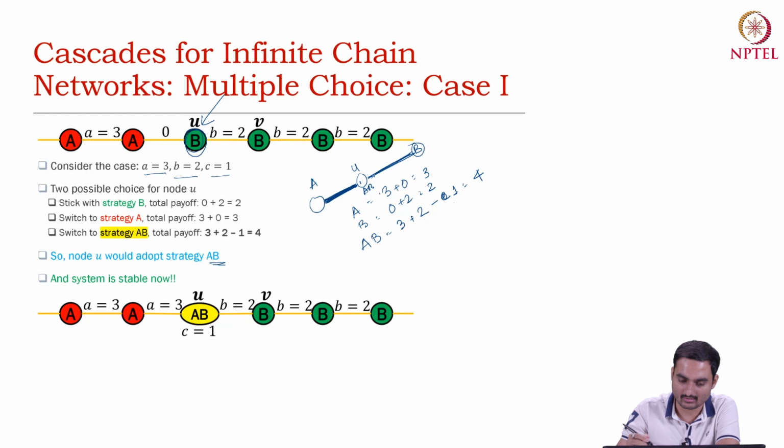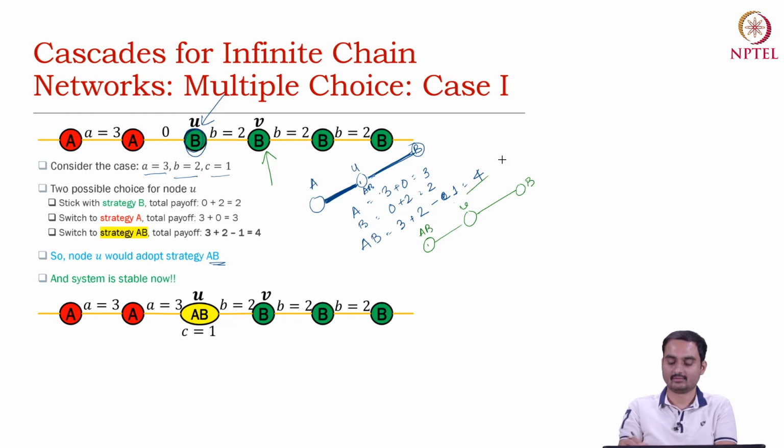Now let's see what happens with V. Node V has 2 neighbors. This guy has adopted B, this guy has adopted AB already, as we have seen. If V adopts A, then what would happen? Due to these interactions it would be 3, small a. Due to this it would be 0, so 3.